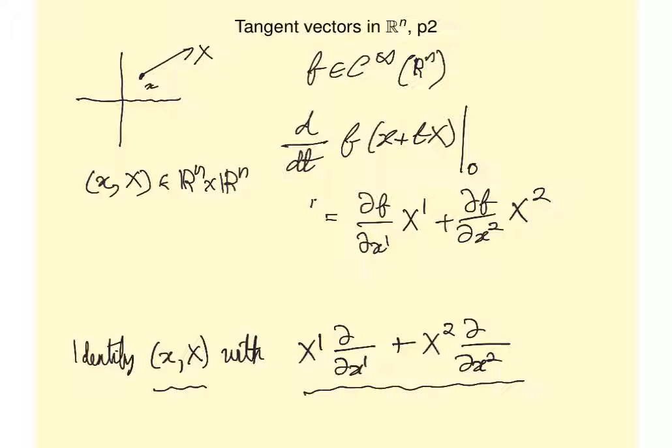And addition of bound vectors at little x corresponds simply to additions of these expressions here on the right-hand side. Okay. So that's the sense, or one of the senses, in which these bound vectors are tangent vectors to R2.